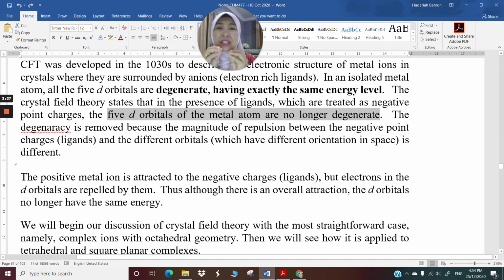How much the ligand repels each one of the orbitals is different. So a different degree of repulsion gives the d orbitals different energy levels, because some will be pushed quite a lot, some will be pushed a little bit, so the energy levels become different.